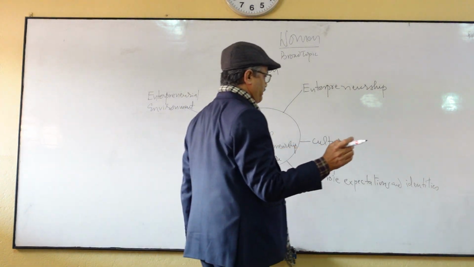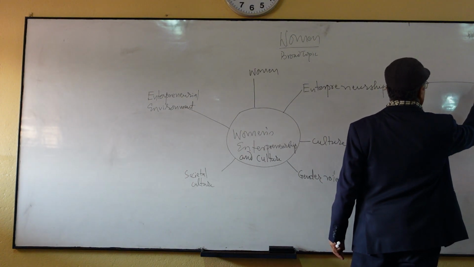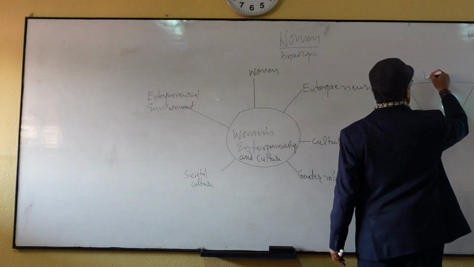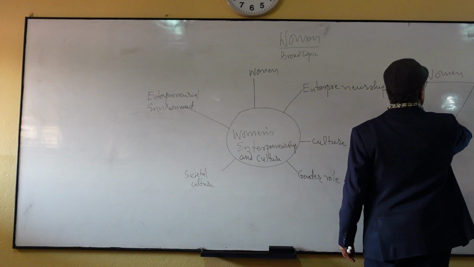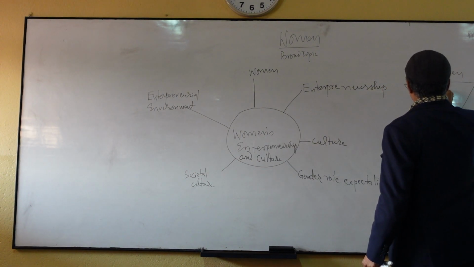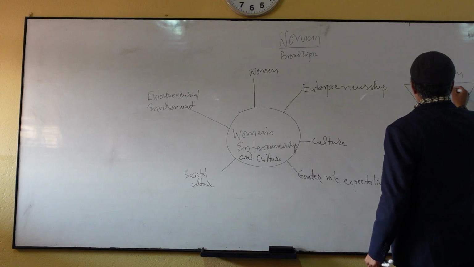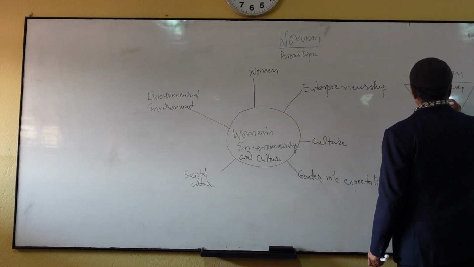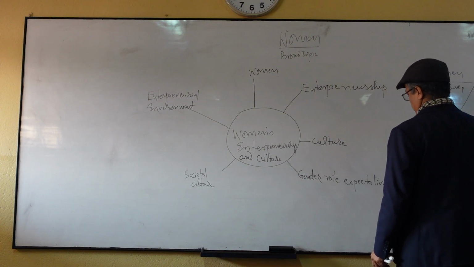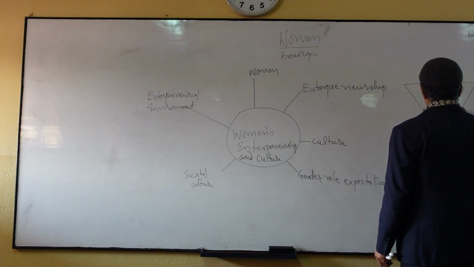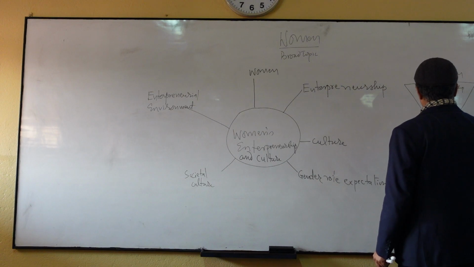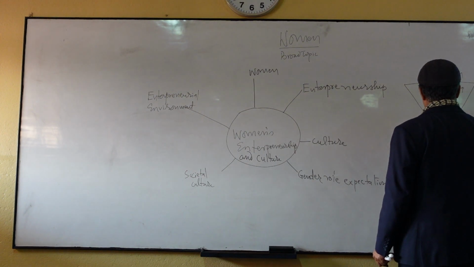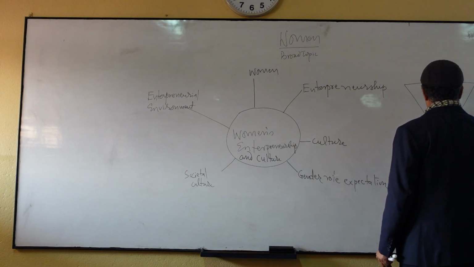And you can look at a paper like an inverse pyramid, right? So here you write women broadly, then entrepreneurship, then culture, then gender role expectations, then society culture, then entrepreneurial environment.